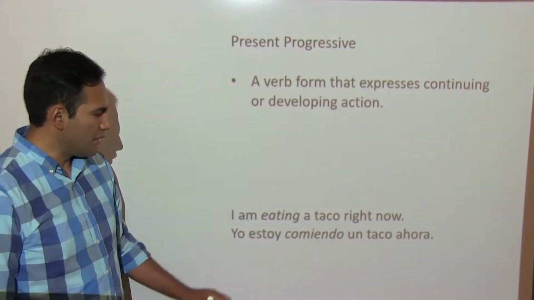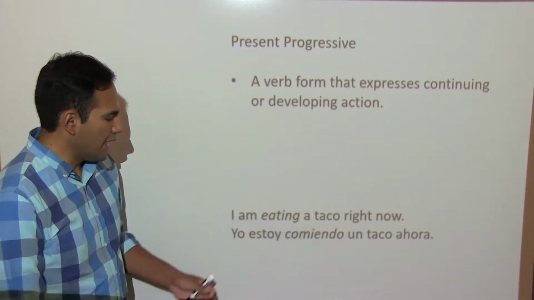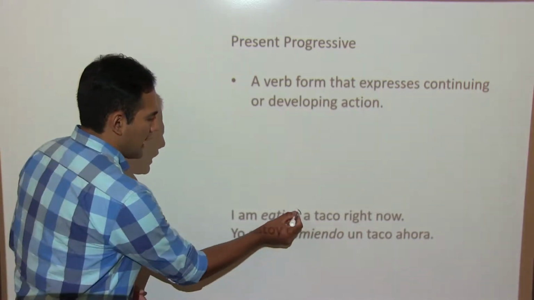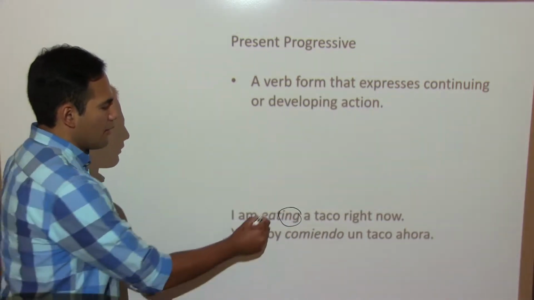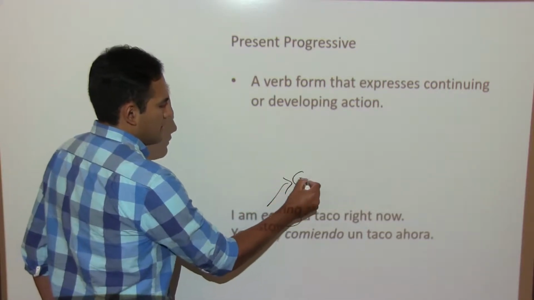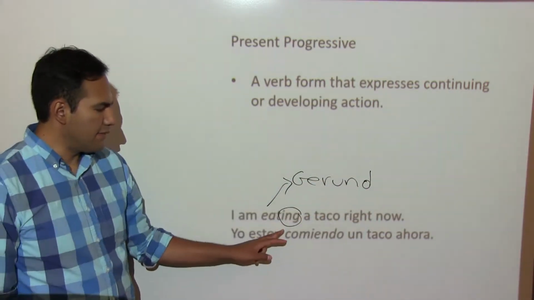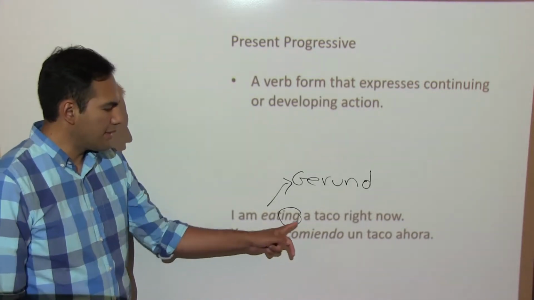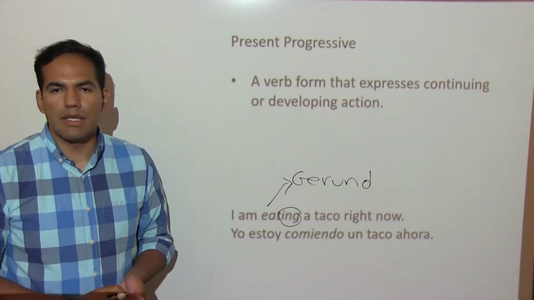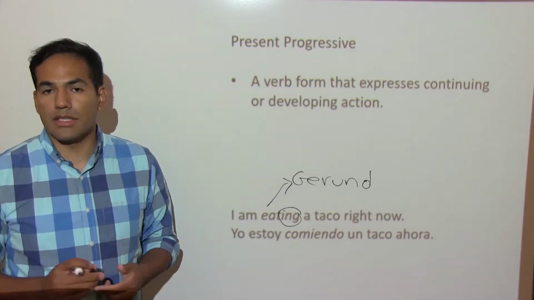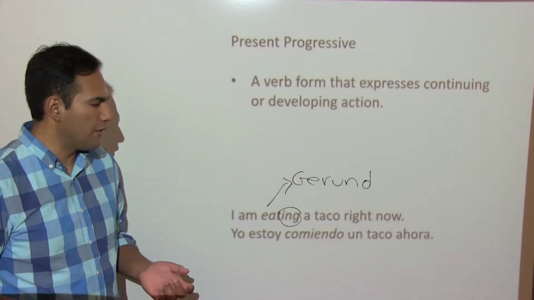So, for example, in English, we have the ing ending that we call the gerund. The gerund, it's a form of the verb that requires a different ending to be able to express the present progressive form.